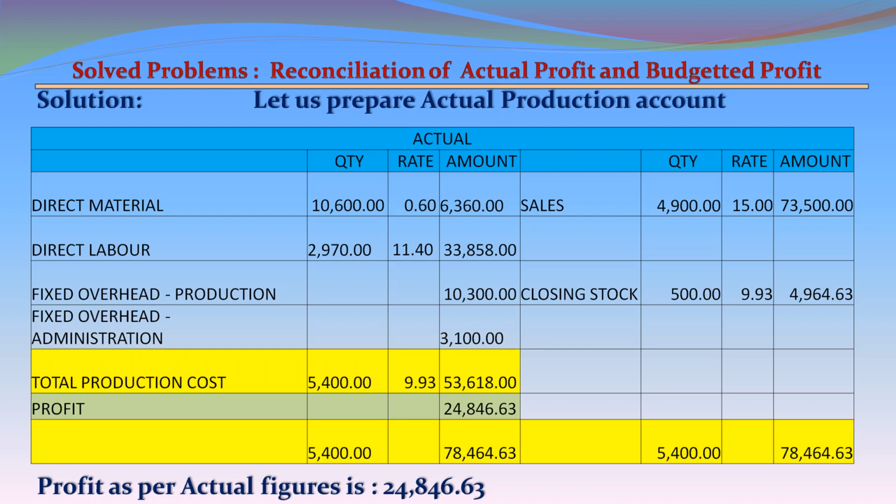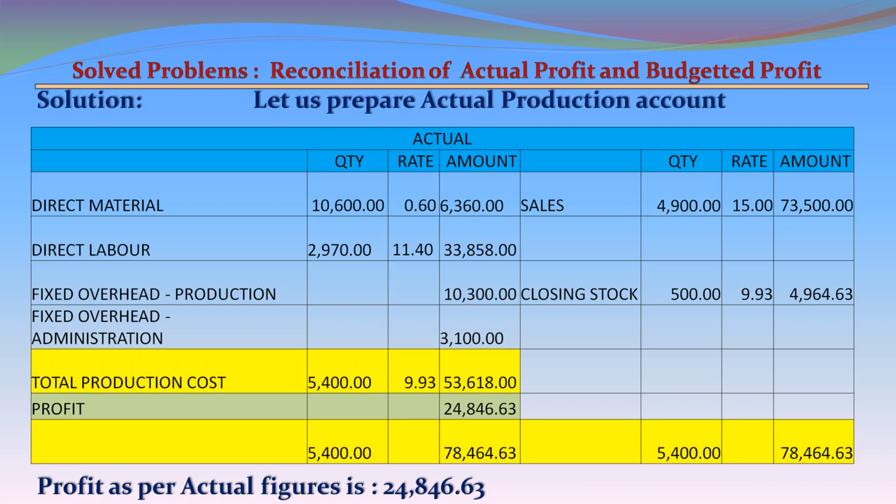On the debit side, direct material 10,600 units at 0.60 pounds comes to 6,360 pounds. Direct labor 2,970 hours at 11.40 pounds per hour, so the cost comes to 33,858 pounds. Fixed overhead production 10,300, fixed overhead administration 3,100.